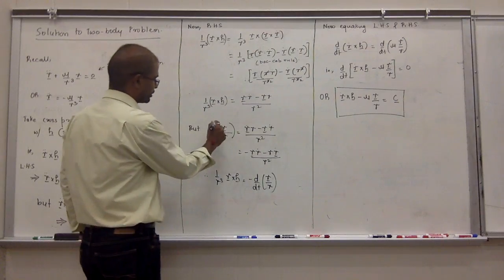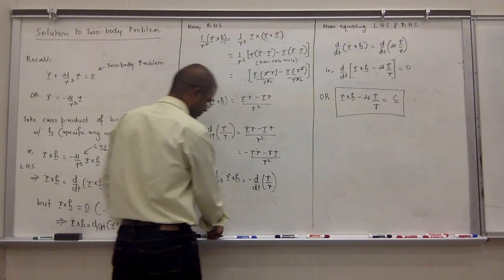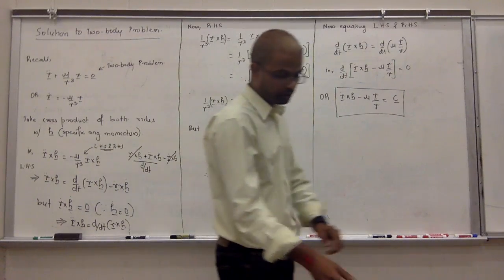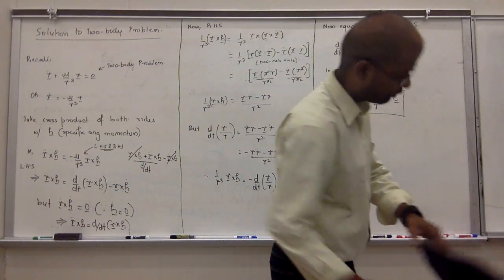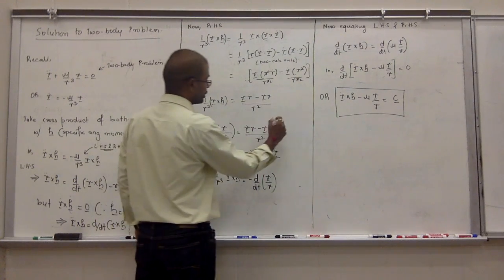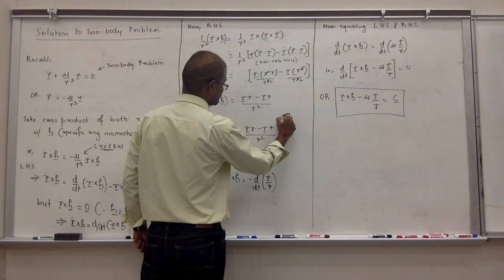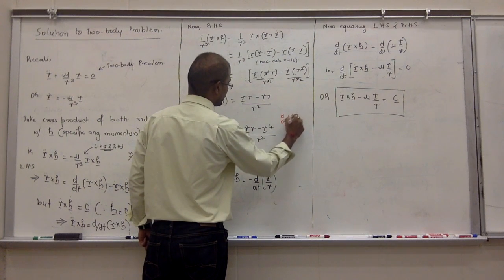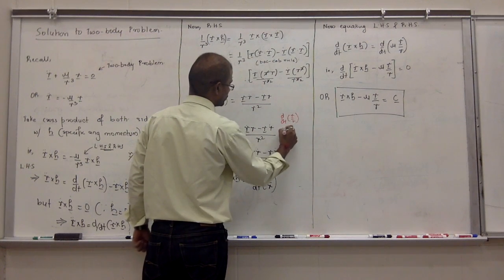Just take the derivative of this. What is the derivative of this? This is something you have to do very efficiently. What is the quotient rule? How do you take the quotient rule? d over dt of vector r over scalar r is what?